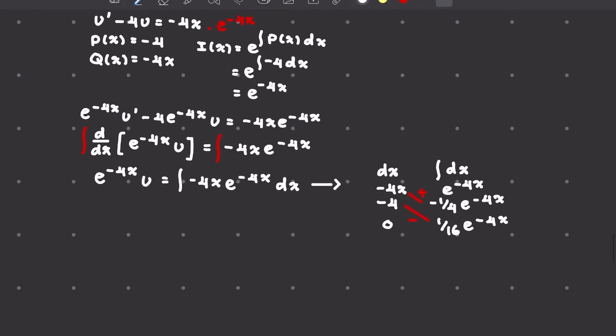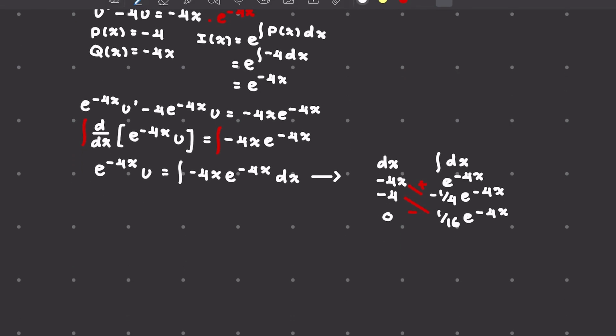And this integration by parts will give us e to the negative 4x times u equals, x, or negative 4x times negative 1 over 4 is just x. That means x e to the negative 4x.